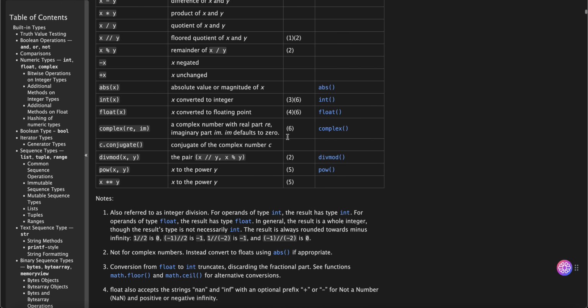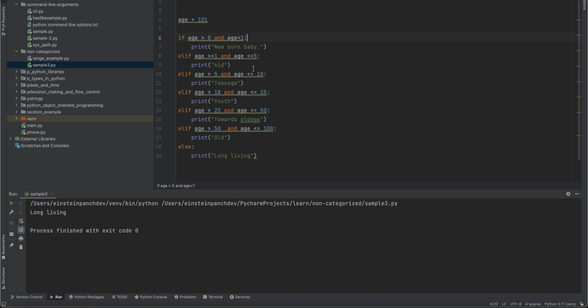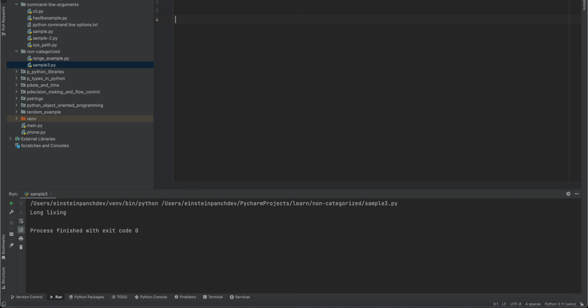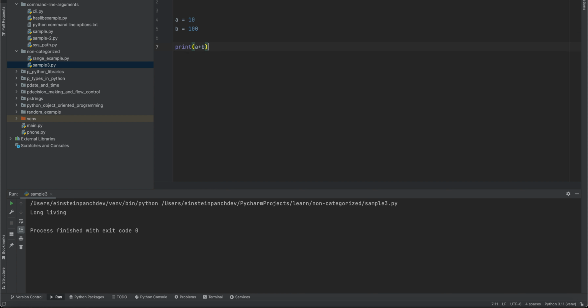Let's see the examples. a is equal to 10, b is equal to 100. Print a plus b will print 110.